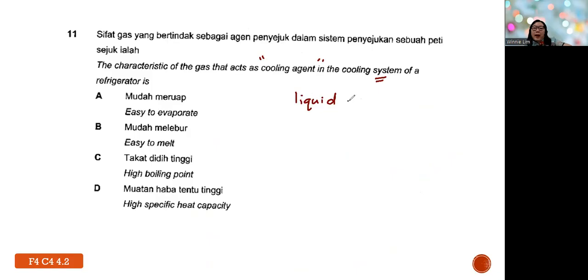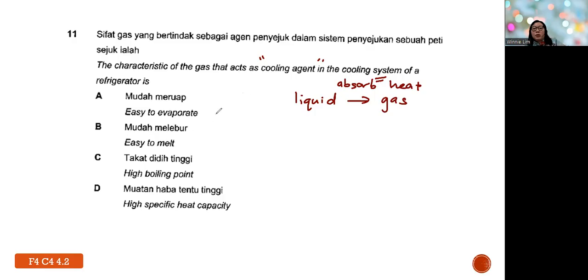During this process, you will absorb heat. That's why they need to change state. Then they can absorb the heat in the cooling coil. Then they actually cool down the refrigerator. So this is the idea behind it.